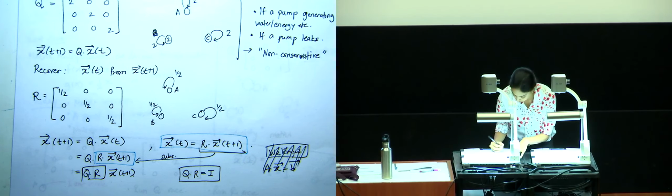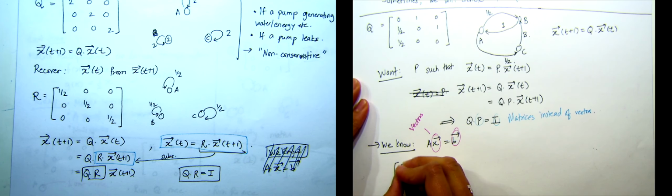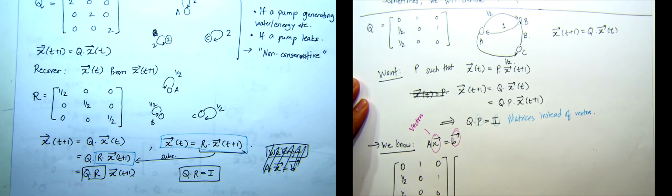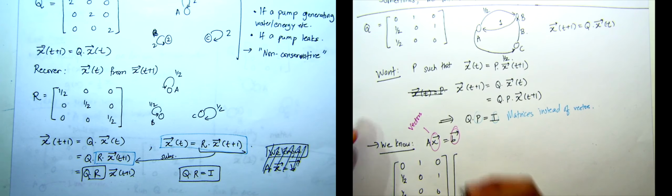So let us write this out. I have Q, which is 0, 1 half, 1 half, 1, 0, 0, 0, 1, 0. And now let's write out P explicitly. What are the entries of P?